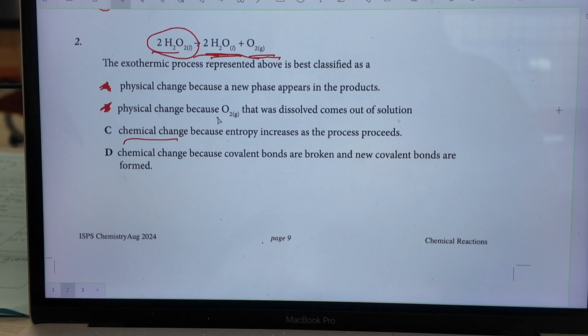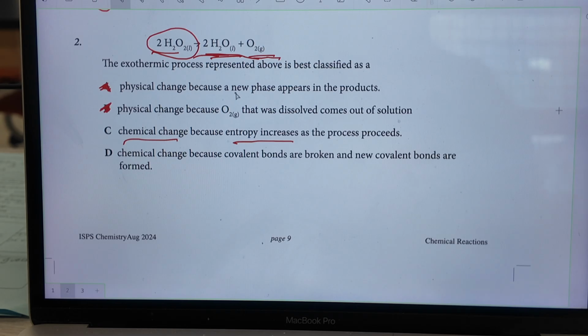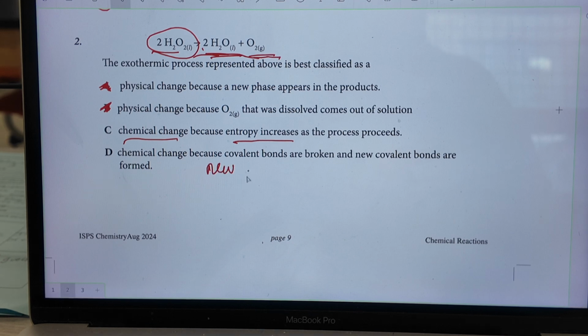Bonds are being rearranged. And although entropy does increase, that's not the reason for this chemical change. What's happening is these bonds are breaking and new bonds are forming to create altogether new molecules. And the only way that happens is if bonds are able to be broken and made anew. So that's number 2.